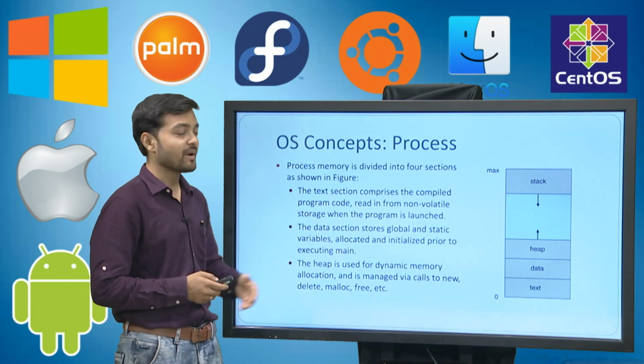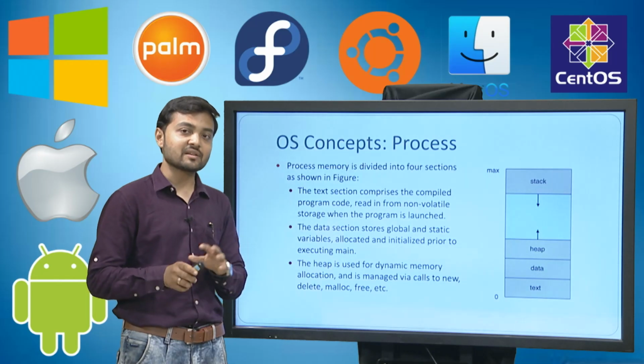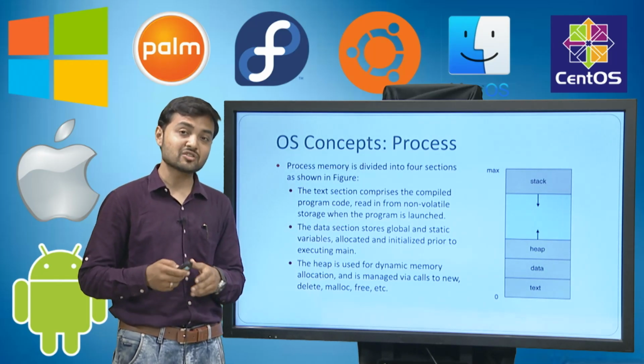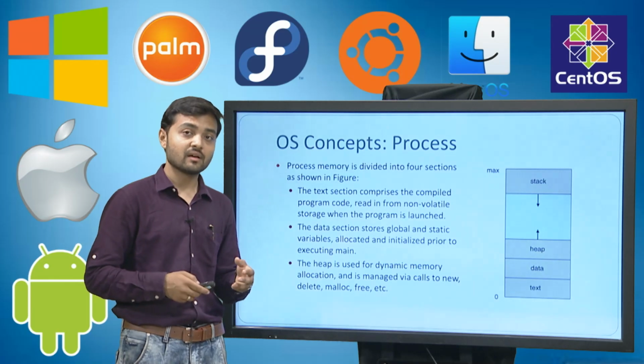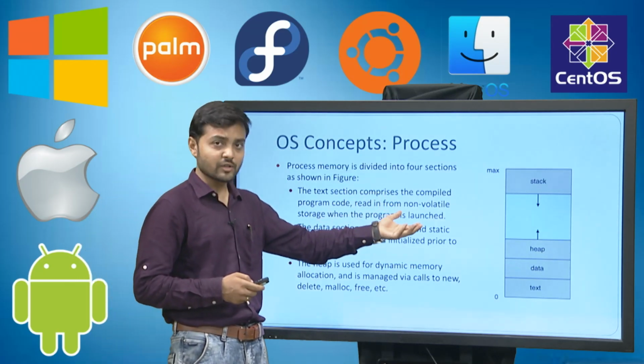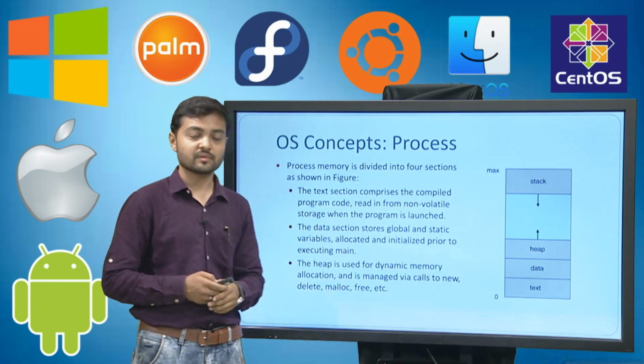Next are the heap part and the stack part. The text and data parts are static, whereas heap and stack parts are dynamic. The size of heap and stack can change. According to the figure, heap grows upwards and stack grows downwards.